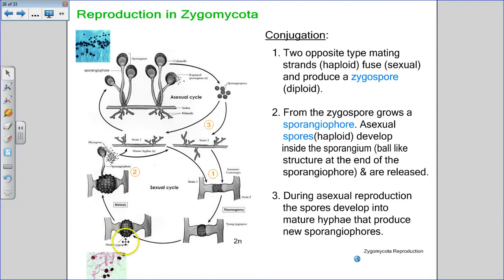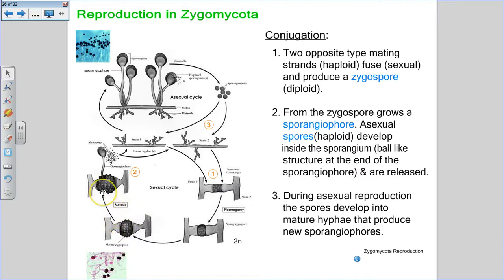So the zygospore has two sets of chromosomes. So it's mixing the genetic information, just like it does from our mom and dad. It does from these two strains of fungus. Okay, and this is what it looks like. Almost looks like a hard candy with wrappers on the end. So we're going to have a look at those in the microscope.